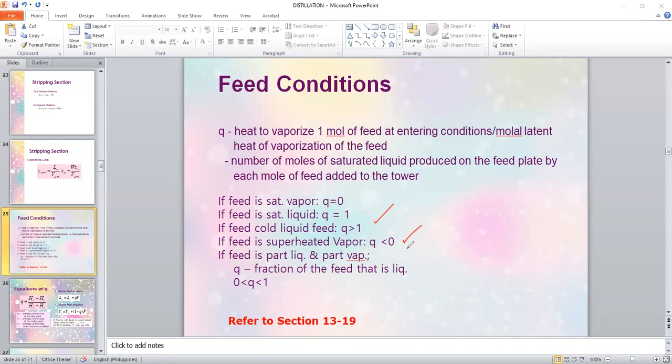However, sometimes or most of the time the problem does not even mention that your feed is cold or your feed is superheated. You will just be left with the two definitions here, whichever is appropriate to use depending on the data that is provided by the problem to give you the Q.